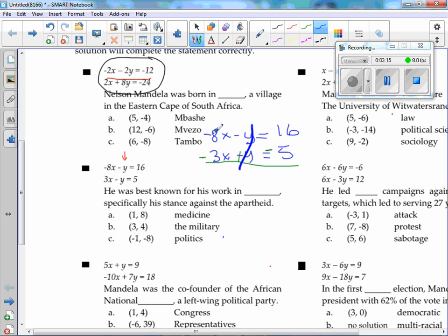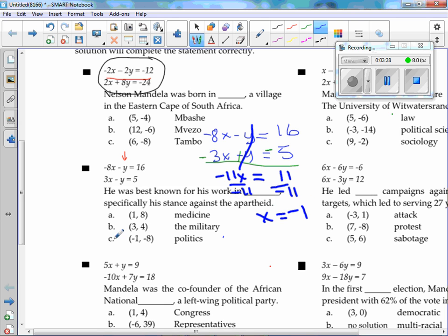Add the negative 8 and the negative 3 gives you a negative 11x equals 11 because that's subtracting the 5 from the 16. So divide both sides by negative 11, and I'm running into the words, but I think you got it. So x is going to be negative 1.